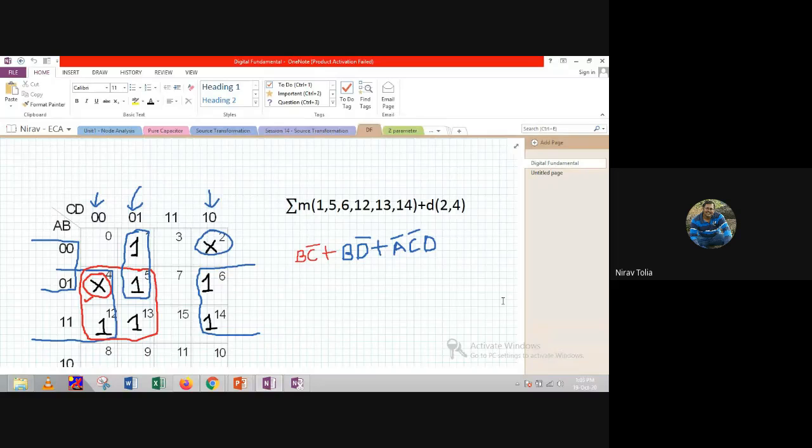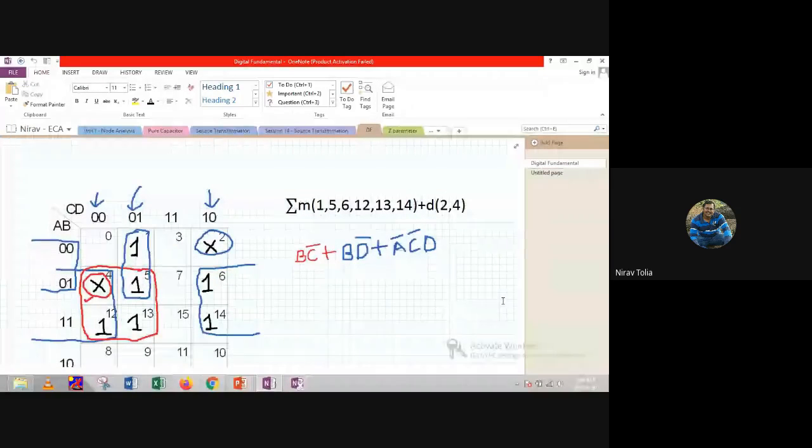As I already told you, we have to mark the don't care with an x, and we consider the don't care x equal to either 1 or 0 if and only if it is useful to reduce the function.